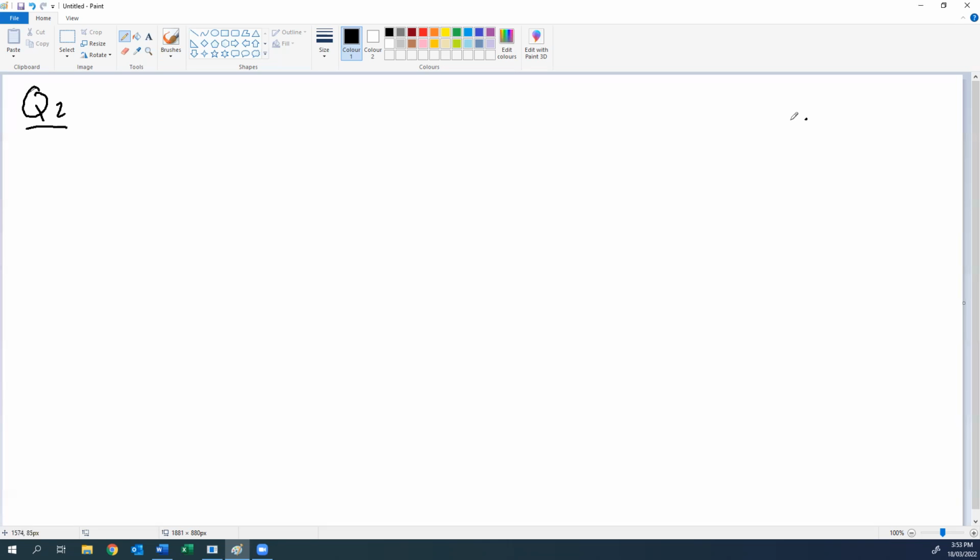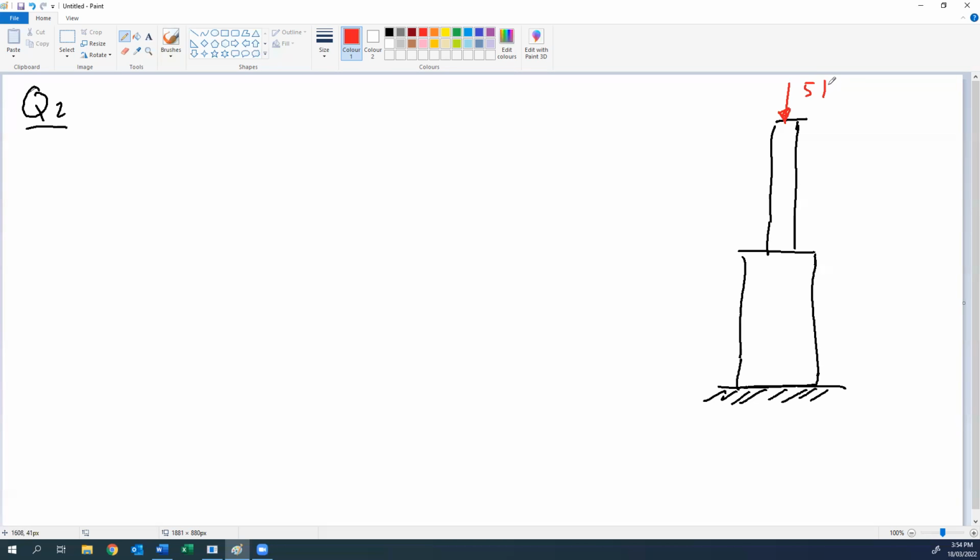We have a column. This column has a variable section. It is supported at the base here, whatever the shape. Okay, we have one applied load at the top here, 5 kilonewton. And we have two applied loads here, 3 kilonewton and 3 kilonewton.